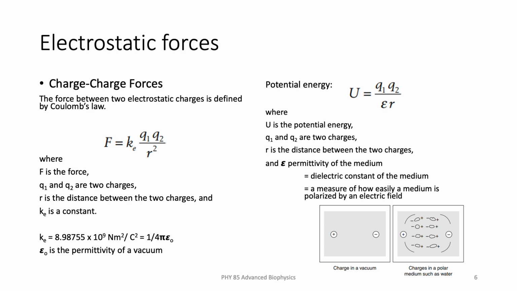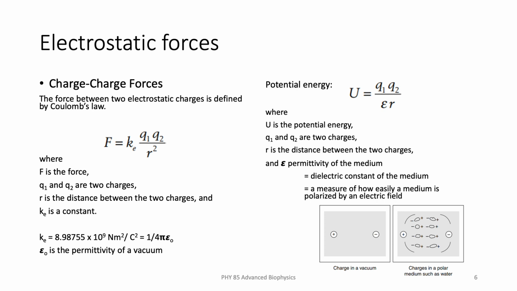All of the forces that affect conformation in biomolecules are electrical in nature, meaning they result from attractions or repulsions between charges. The force between two electrostatic charges is defined by Coulomb's law, F equals Ke times Q1 Q2 over R squared, where F is the force, Q1 and Q2 are the two charges, R is the distance between the two charges, and Ke is a constant.